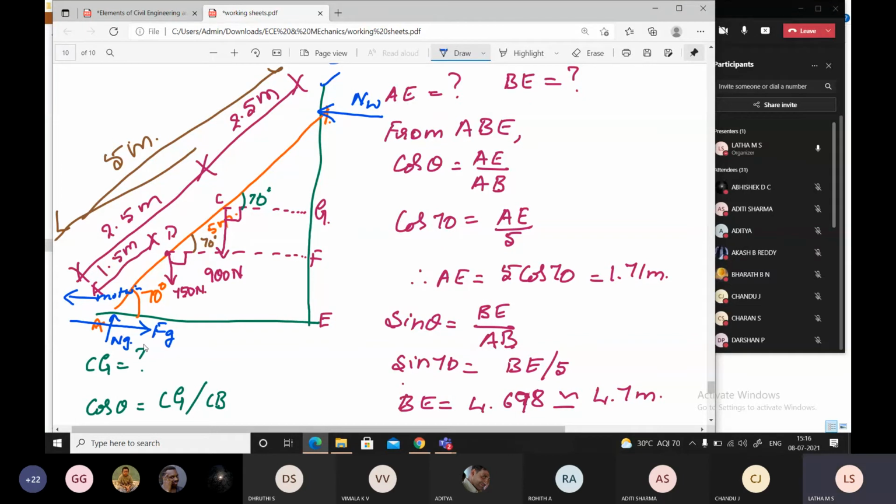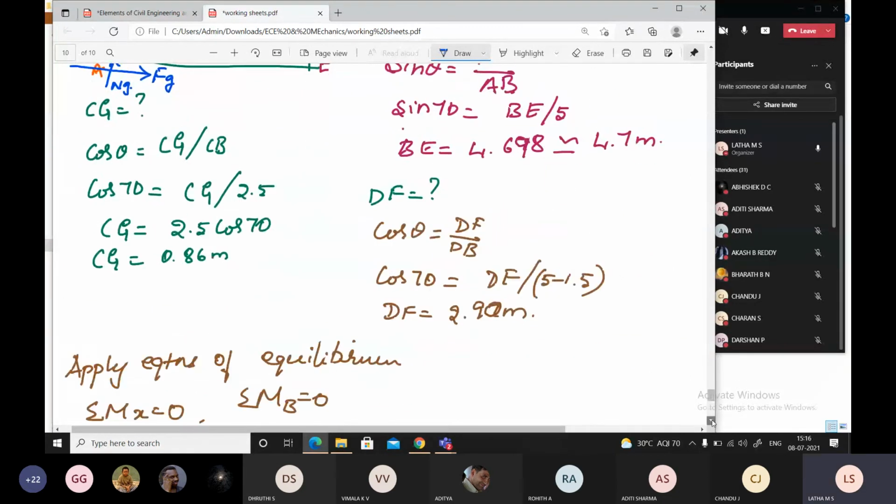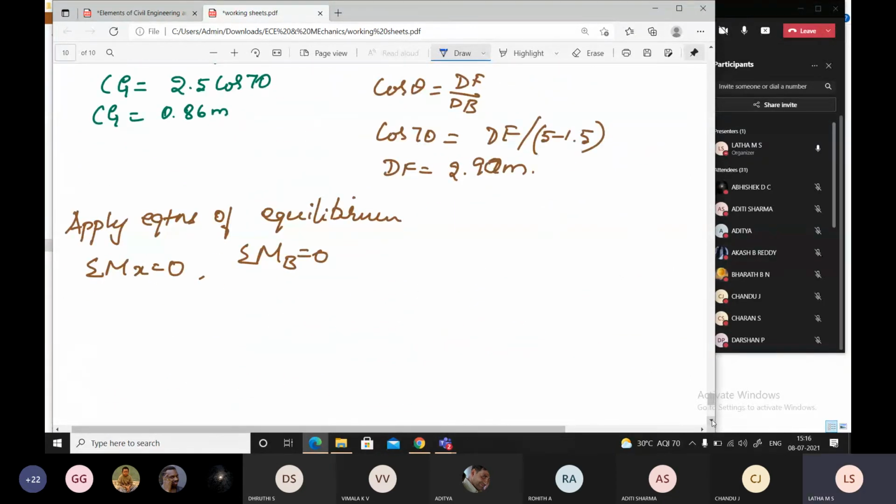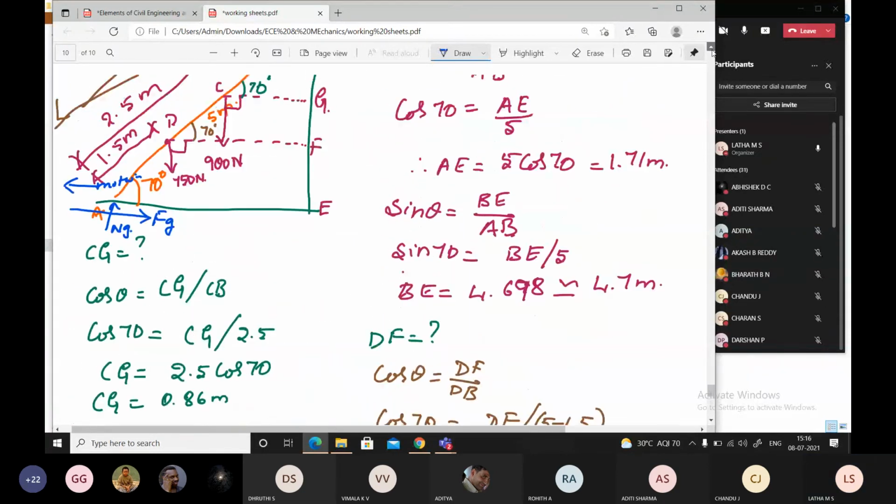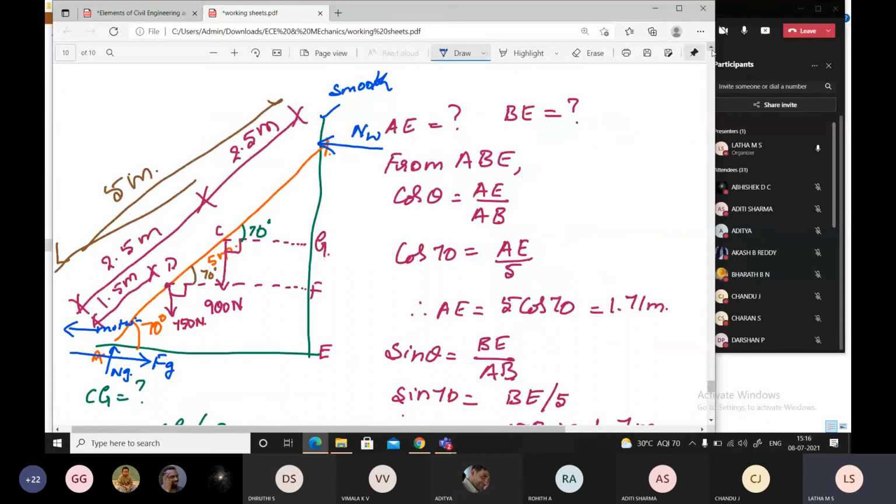Got it? Yes or no? Did you get it, students? Now take the moment of all the forces. Which are all the forces you find?